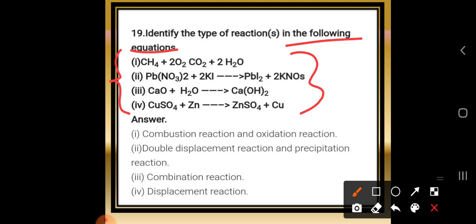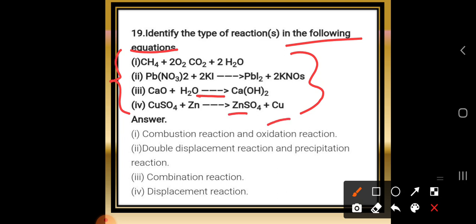Second one is Pb(NO3)2 plus 2KI, which makes PbI2 plus 2KNO3. Third example, that is CaO plus H2O, it gives calcium hydroxide. Fourth one is copper sulphate plus zinc, which gives us ZnSO4.